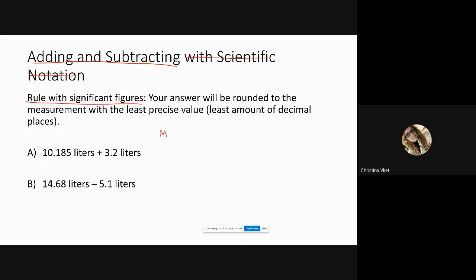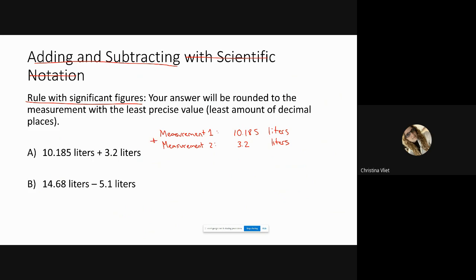To explain why, I'm going to remind you these are measurements. If I have to add or subtract measurements, what's going on?